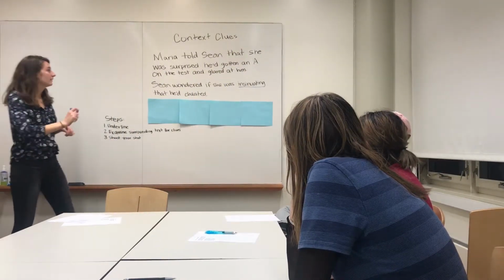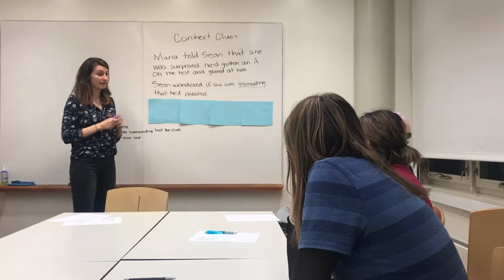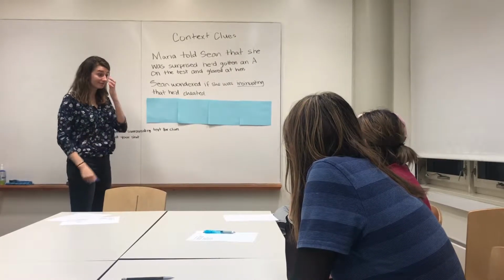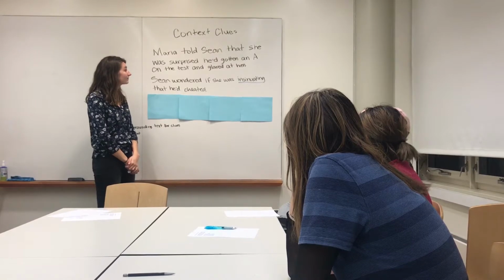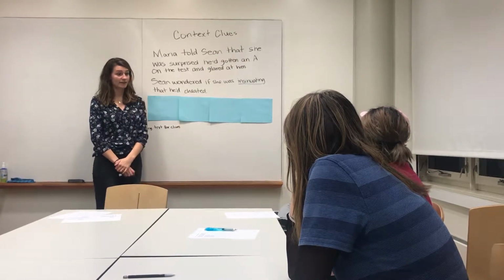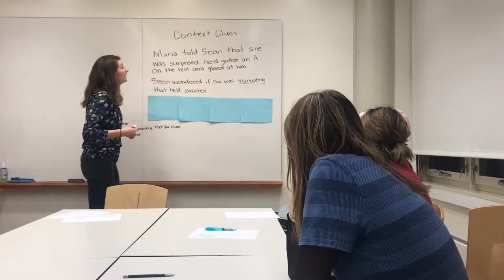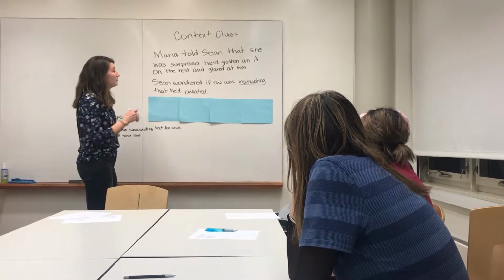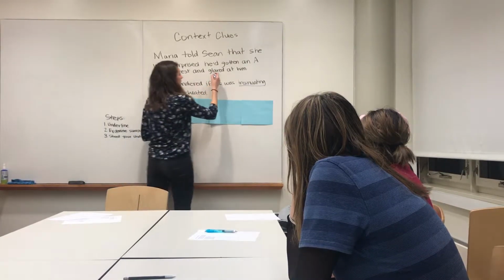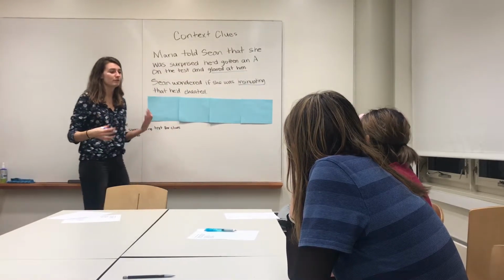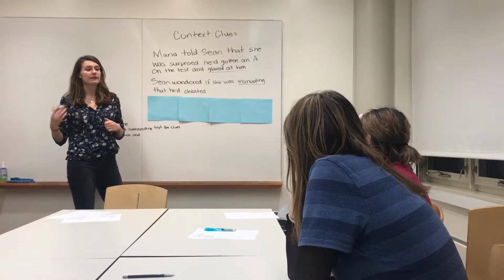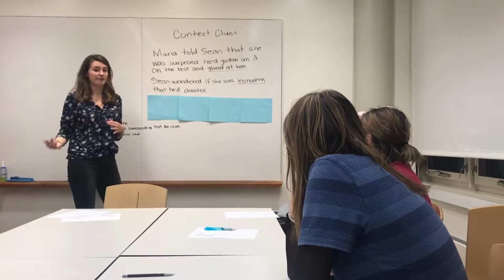Who wants to read this sentence? Eric? Maria told Sean that she was surprised he'd gotten an A on the test and glared at him. Awesome. Okay, so we have a couple more clues here. So we have a mood clue with glared at him because that's kind of a grumpy word, right? And a mood clue is something that's going to give you a little bit more on the vibe of the word.